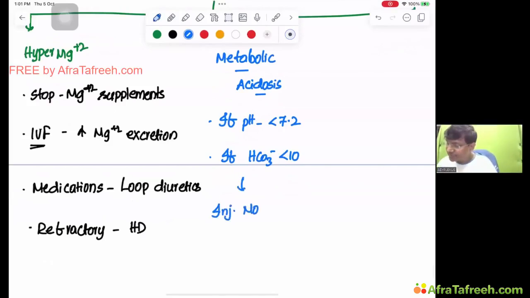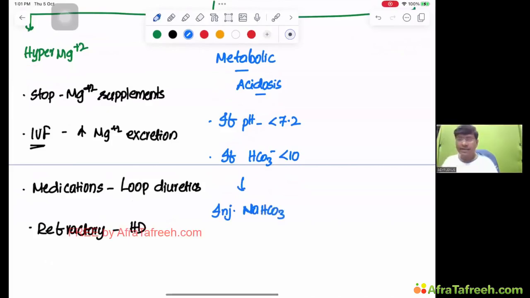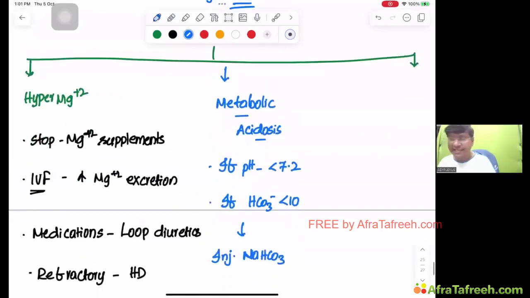Sodium bicarbonate should be given, right? Injection sodium bicarbonate should be given. That is for metabolic acidosis, right? Then these patients, what is the indication for dialysis?